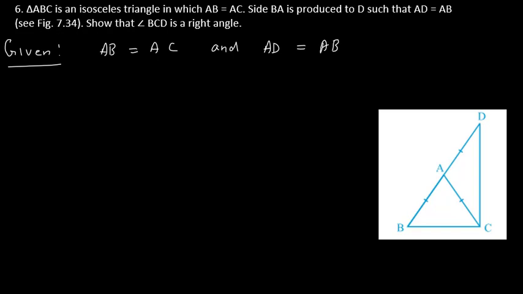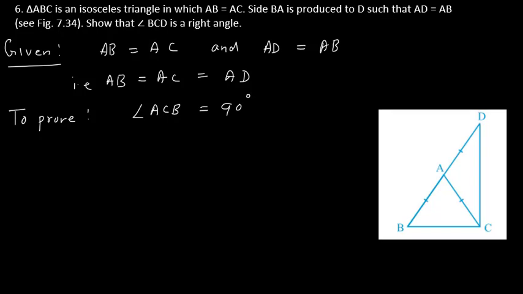So in short I can say that we have given that AB is AC is AD. All these three sides are equal. And what we have to prove? So we have to prove that angle BCD is 90 degree.